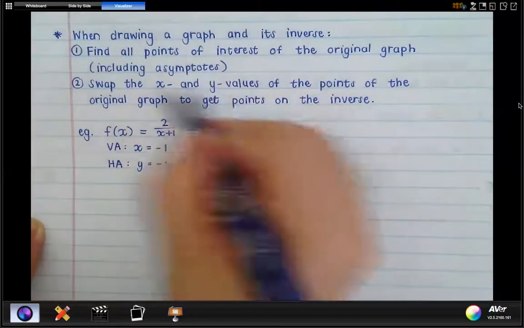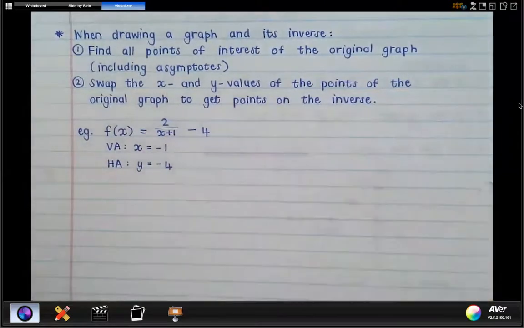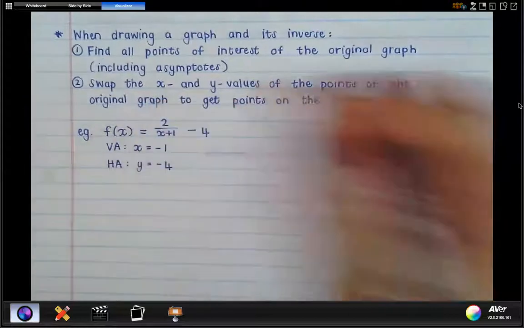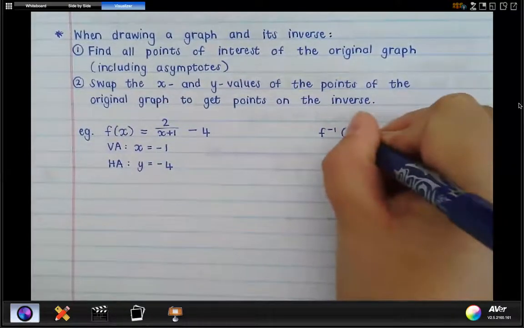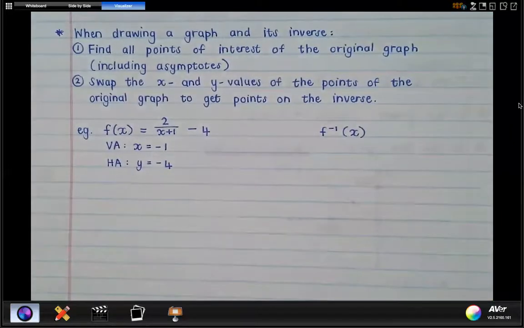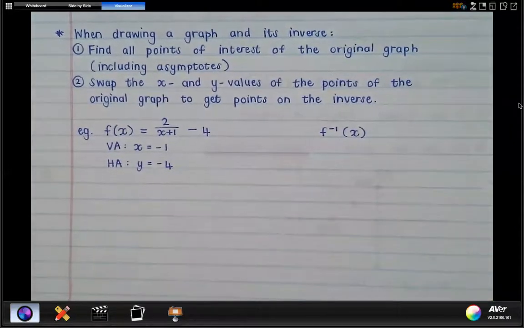Now, like I said here at the top, you are going to swap the x and y values of the points of the original graph to get points of the inverse, but you are going to do the same thing with the asymptotes. So if f of x is that, then I'm going to be able to find all the information of the inverse without even finding the equation of that graph.